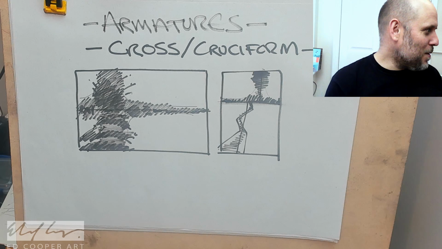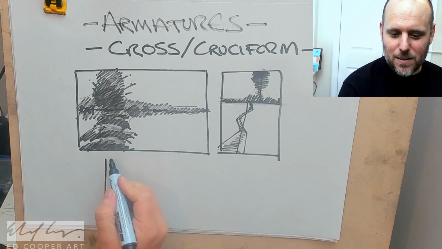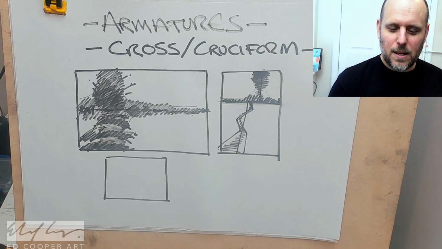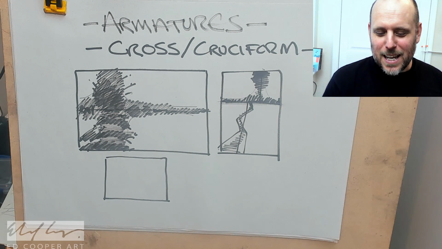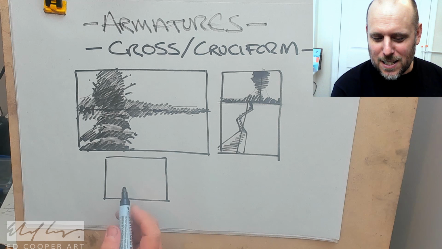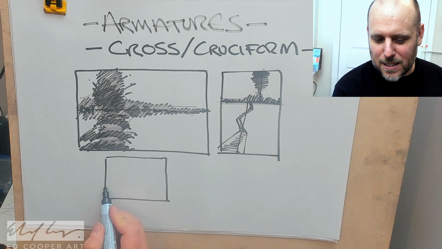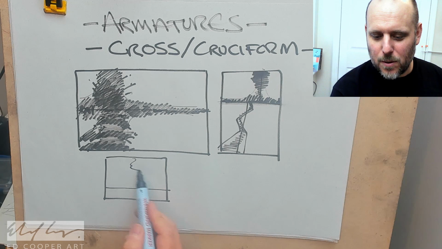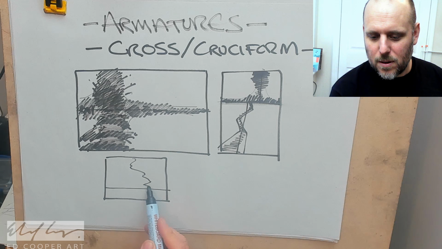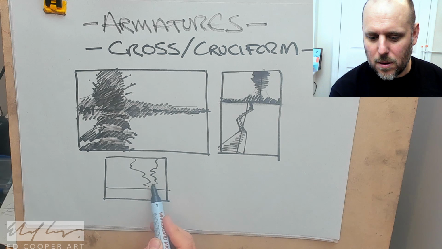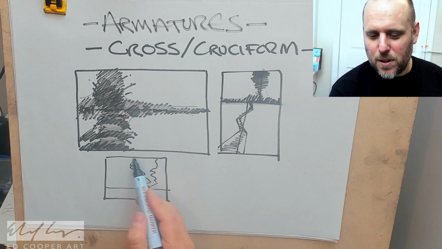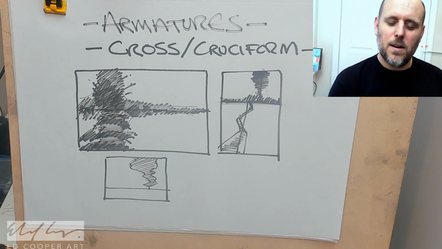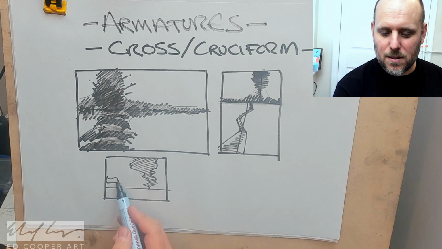Let's see, we can come up with another. So when you're thinking of, let's say, cloud masses, let's say we've got a low horizon. Okay, then you've got so this might represent blue sky. Okay, between the clouds. Let's put another one there.